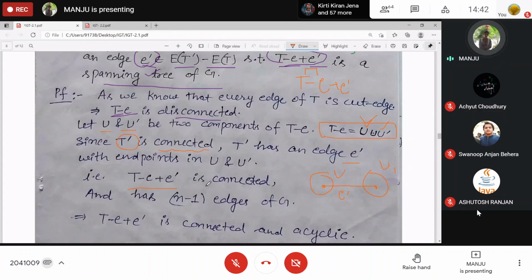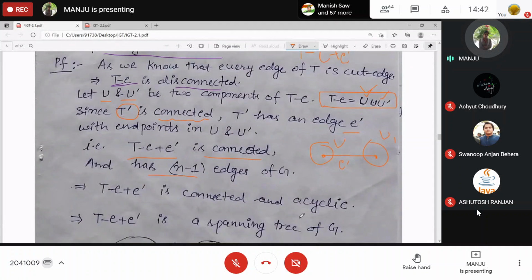T minus E plus E dash will be connected, and obviously again it forms n minus 1 edges. Okay, first we had separated one edge, so n minus 2, again we have added one, so n minus 1 edges are there, right? And this is also acyclic. Clear? This is acyclic. And why is this acyclic?